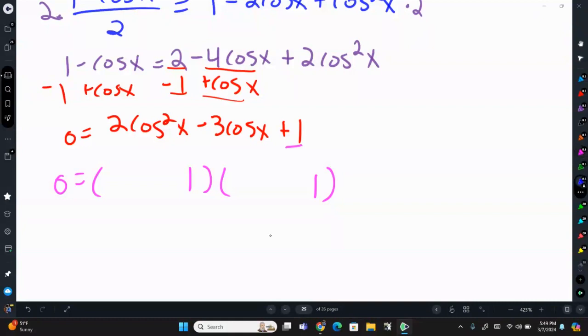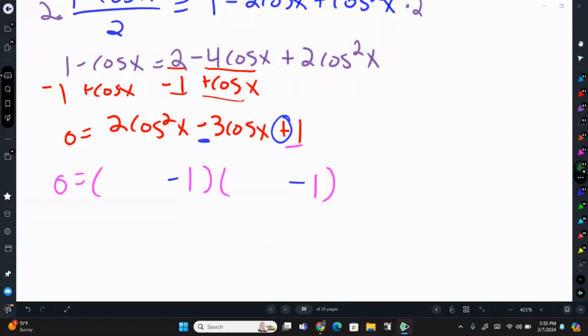So the middle term must be negative. So we know that we should have some minus signs in between them, and it's got to be a minus minus because we have to have a plus 1 at the end. So like when we FOIL this, when we multiply the last terms, it has to be a positive 1. And the only way to have that happen is if it were either both negative 1 or positive 1.